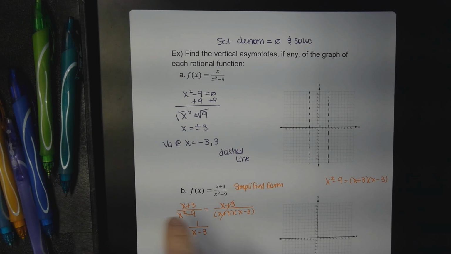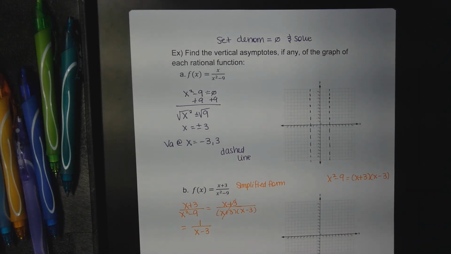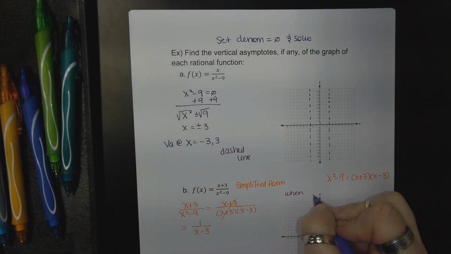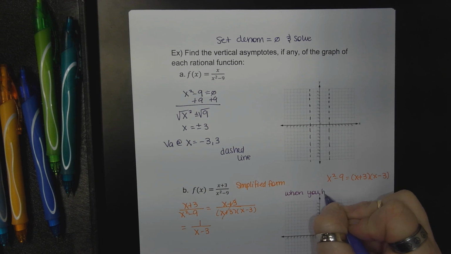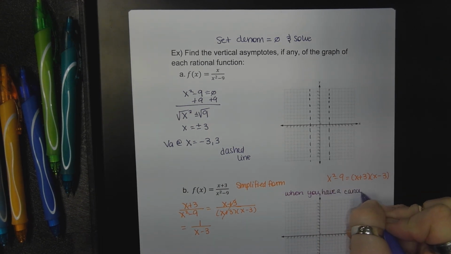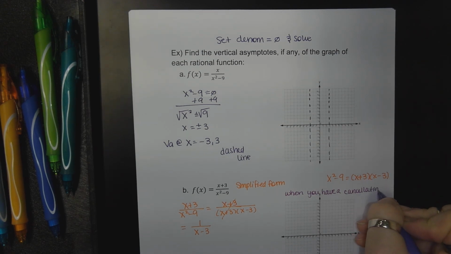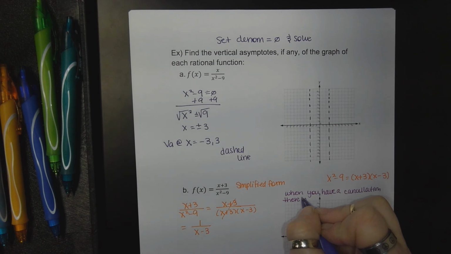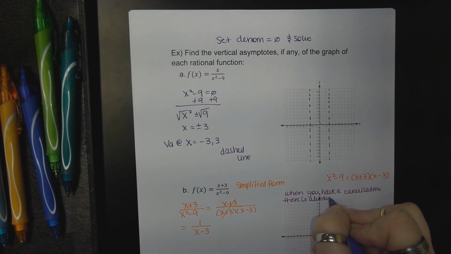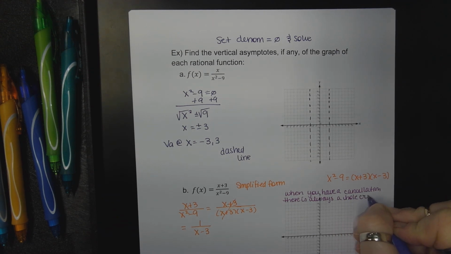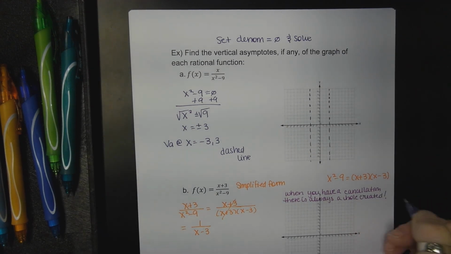But when you have a cancellation like that, it does something really neat to a graph. When you have a cancellation, there's always a hole. Hole created, okay?